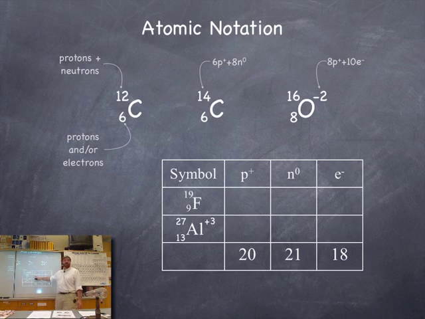How many protons does a fluorine atom have? Remember, this number on the bottom tells us 9 protons for that fluorine. How many neutrons? Where do I look? The top number tells me protons plus neutrons. Subtract out the protons from that, and we're going to have 10 neutrons.